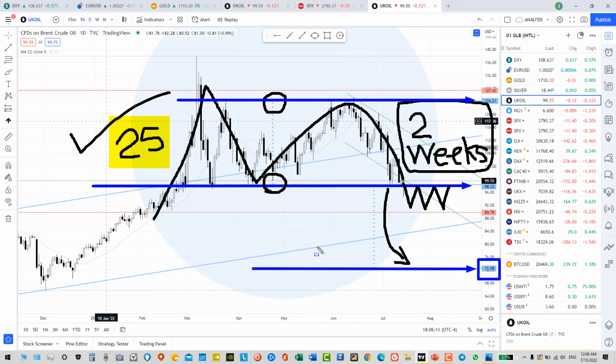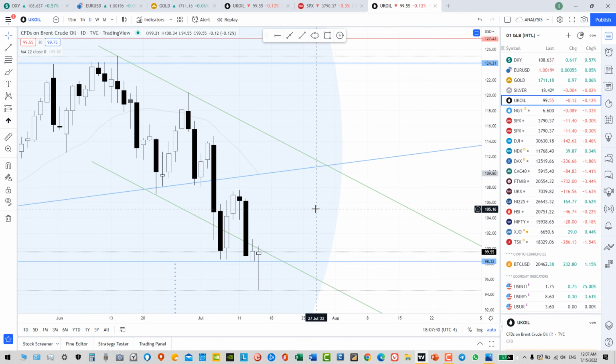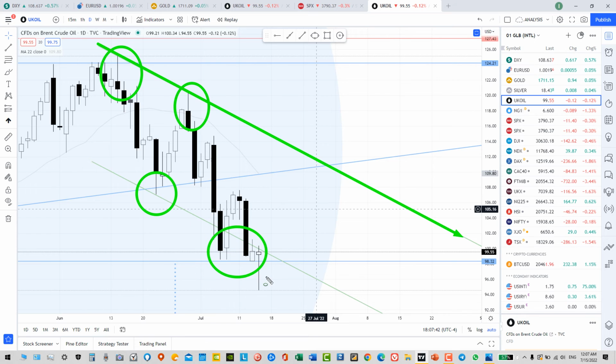What adds to the negativity and the bearish outlook of the oil is that over the short-term move, it also formed a downtrend over the daily chart consisting of lower highs as well as lower lows, and it was easy to draw a downtrend line as well as a down channel line.